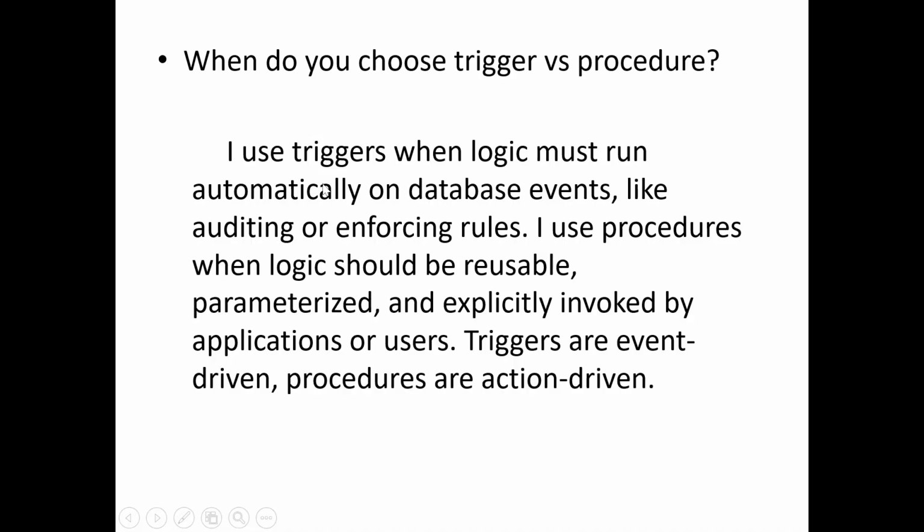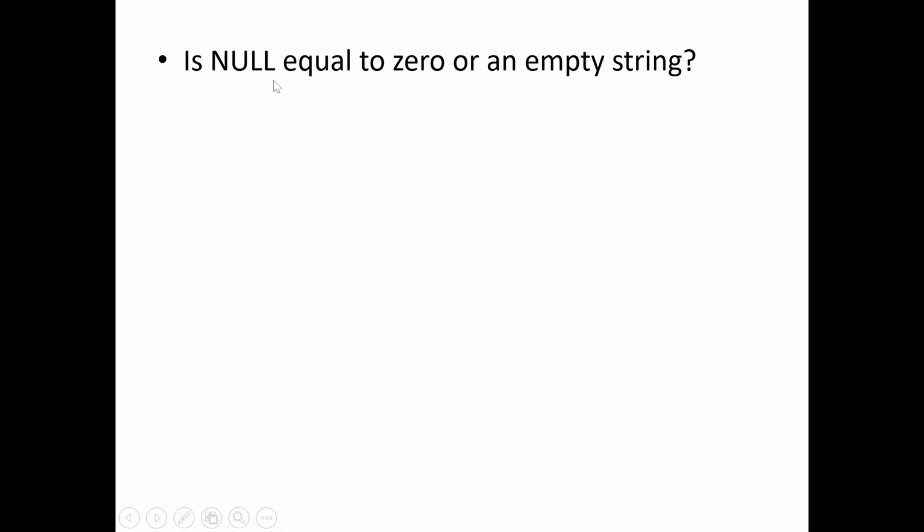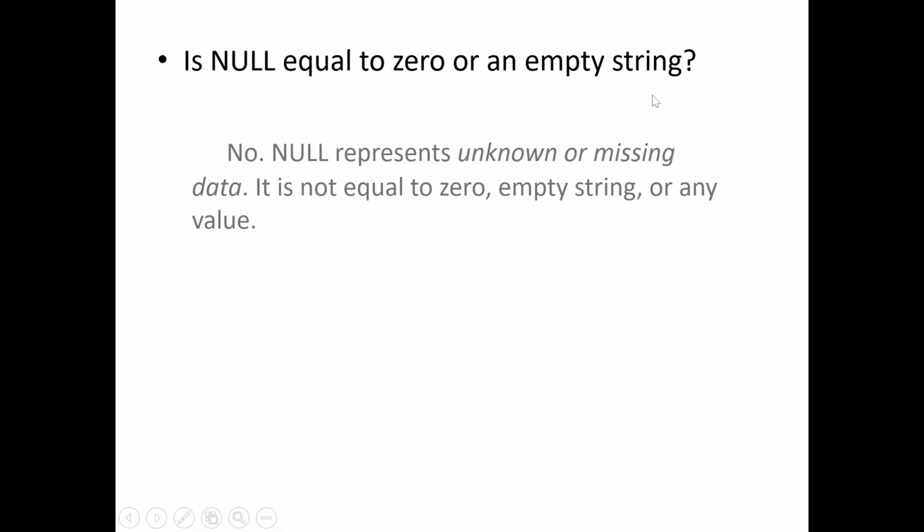In that situation we can go for triggers. Use procedure when logic should be reusable, parameterized, and explicitly invoked by applications or users. And the next difference: triggers are event driven, procedures are action driven.